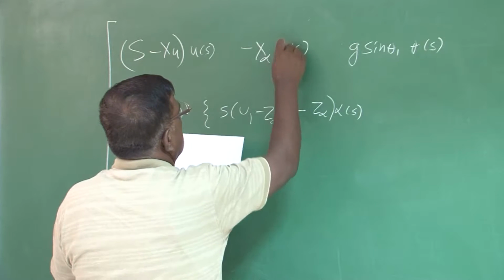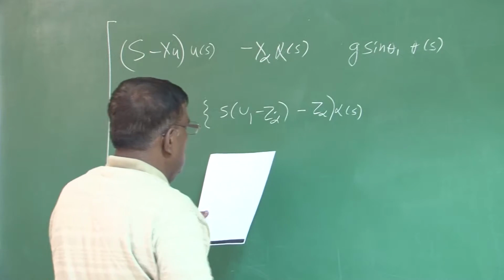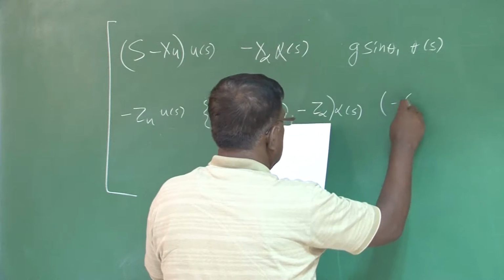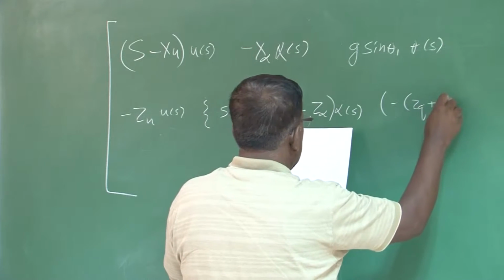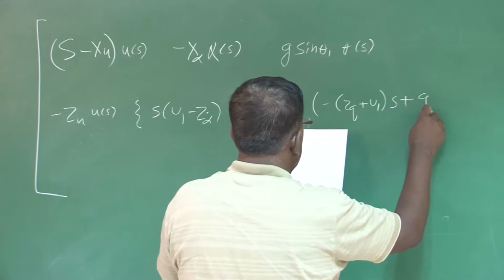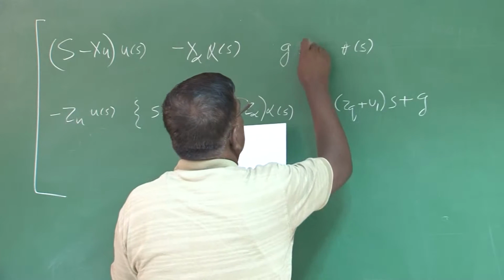And then you have minus zq plus u1 s plus g. This is g cos theta 1.